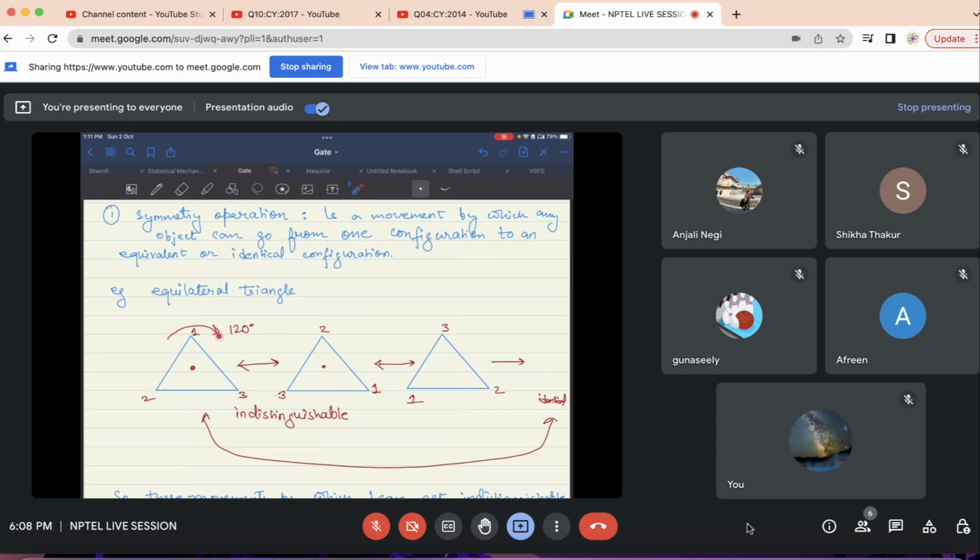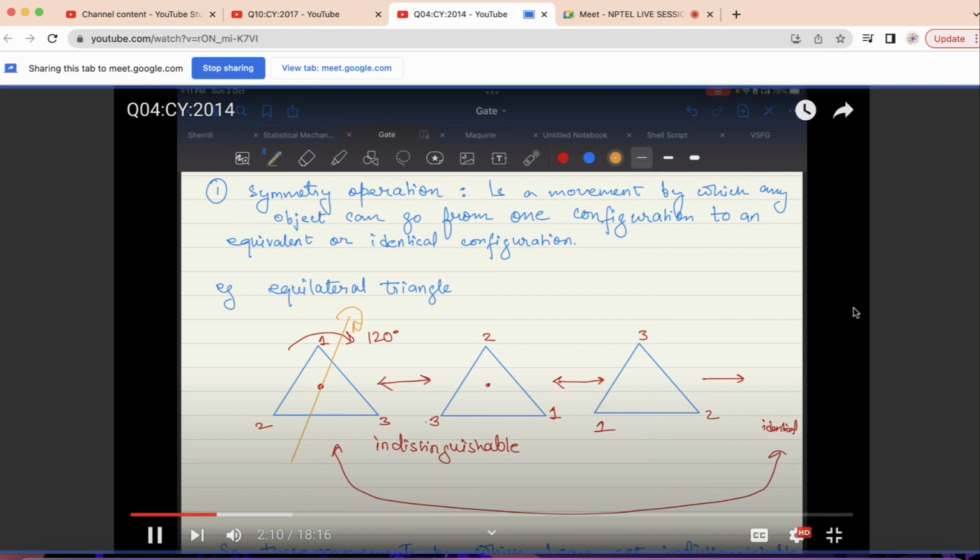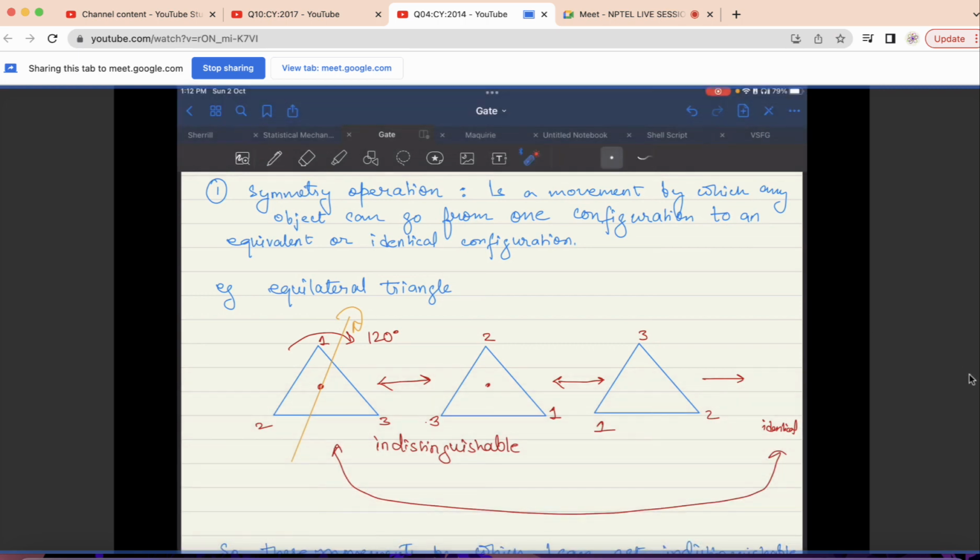I am rotating my equilateral triangle such that this is the axis of rotation and we are doing a 120-degree rotation, in such a way that point 1 comes to the position where 3 was. So this will be 1 3 2 now, and again I am doing the same 120-degree rotation around this particular axis.